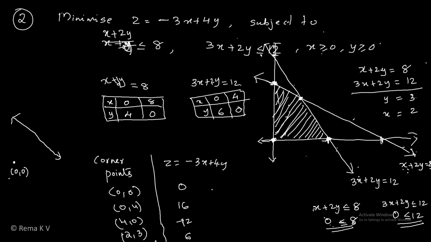Okay, so which is the minimum value of z? Question is minimize z. So which is the minimum value here? -12 when x is equal to 4 and y is equal to 0. This is the optimal solution.